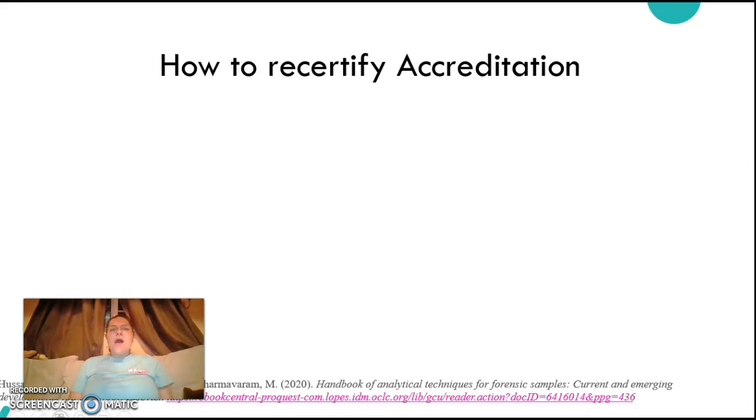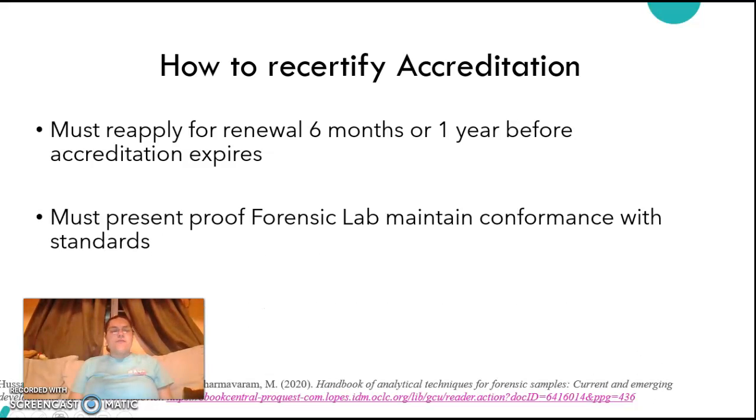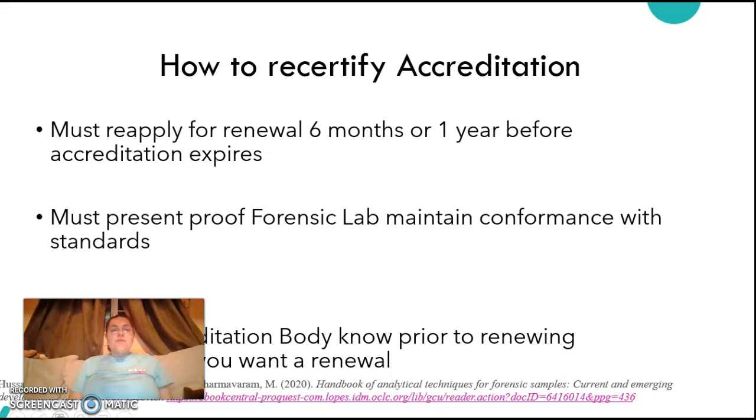So, how do you recertify your accreditation? You must reapply for your renewal 6 to a year before your accreditation expires. You must present proof that your forensics lab maintains conformance with the standards. And you must let the accreditation body know that you are renewing for recertification prior to your accreditation expiring.